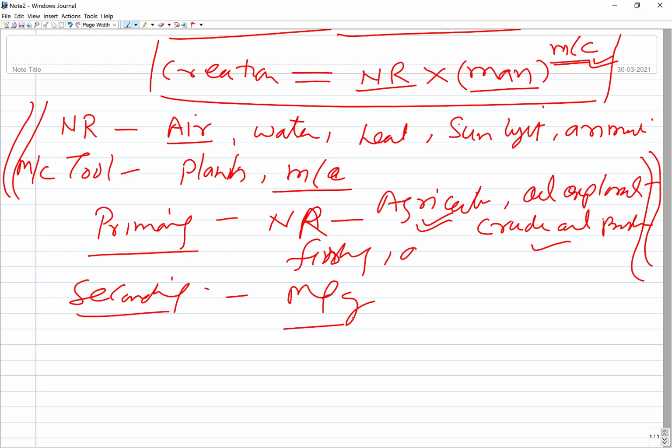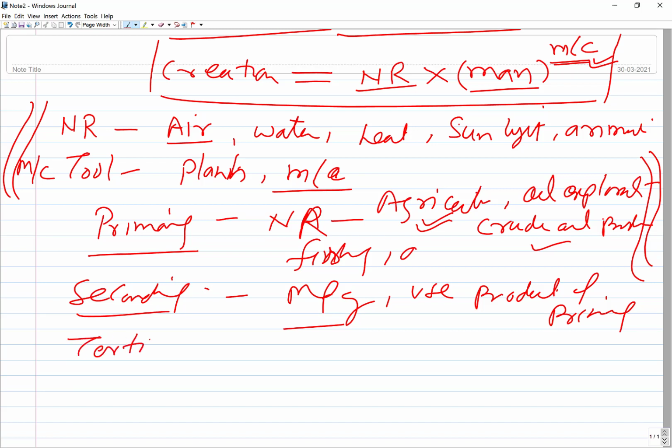Using the steel or aluminum, if the usable goods are produced, then this falls in the manufacturing industry. So the secondary industry uses the products of the primary industry for further processing for making the useful goods.